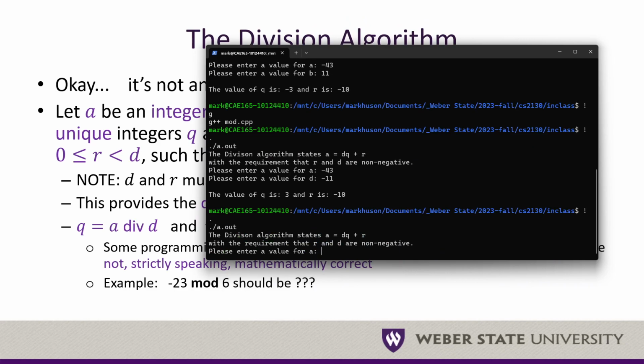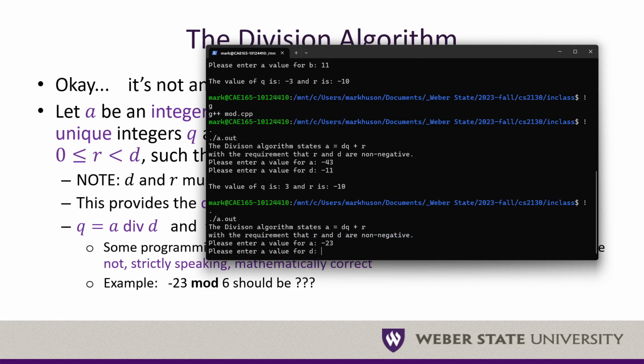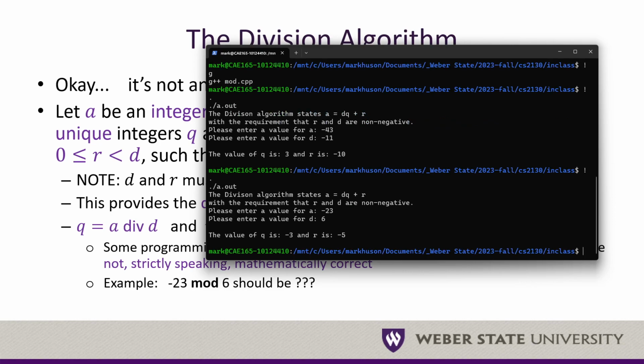We want -23 and 6. We should get -4 and +1, but what we get is -3 and -5.